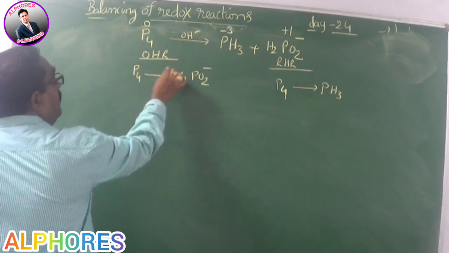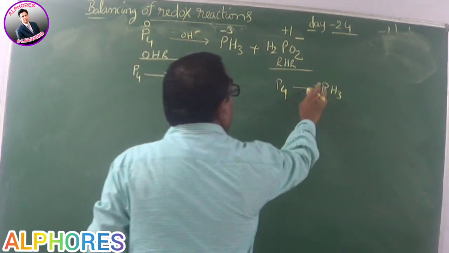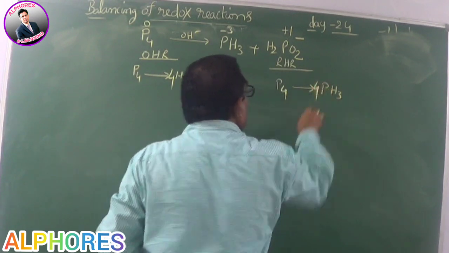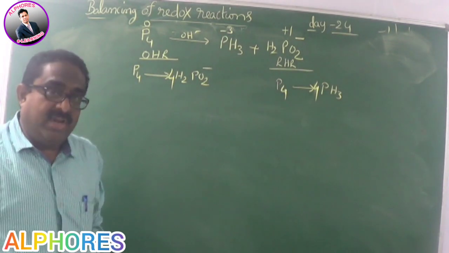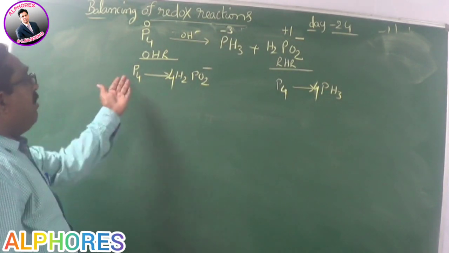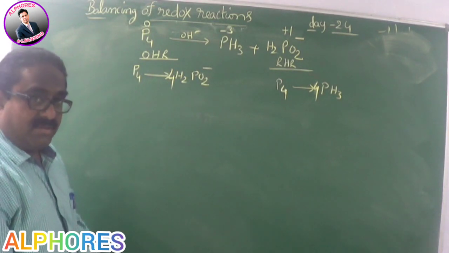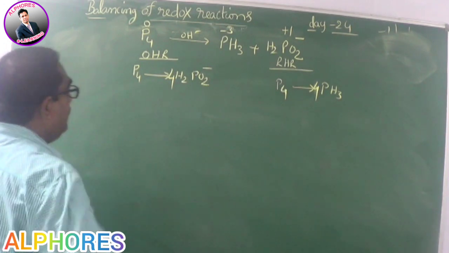Phosphorus is there. P4, so I have to make it 4. Here also P4, I have to write 4. Yes. Now I have balanced the phosphorus in both the half reactions. Next, we have to go for the balancing of oxygens. Oxygen should be balanced by the addition of water molecules.